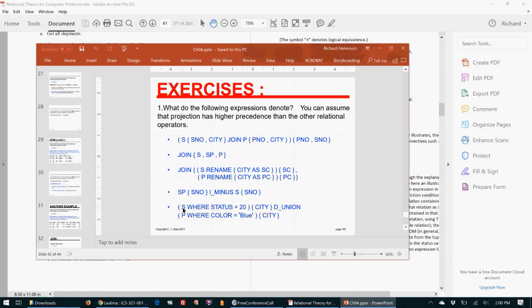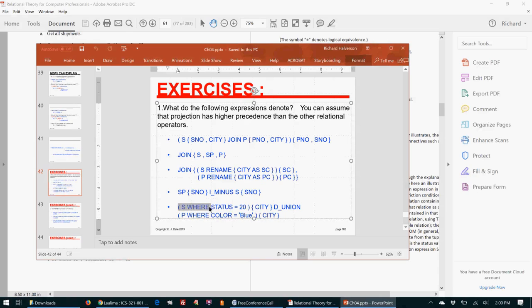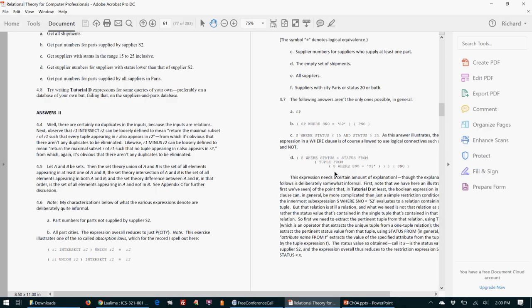So this is a city. What is D? I can't remember. Let's see. This is D, which is.